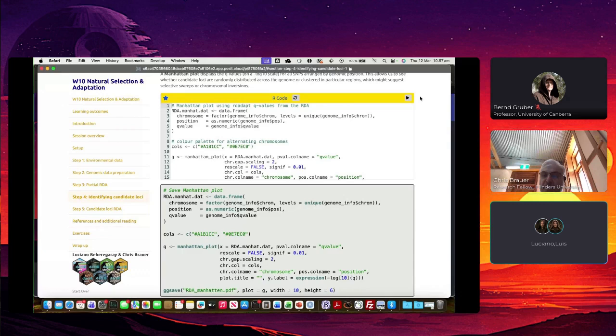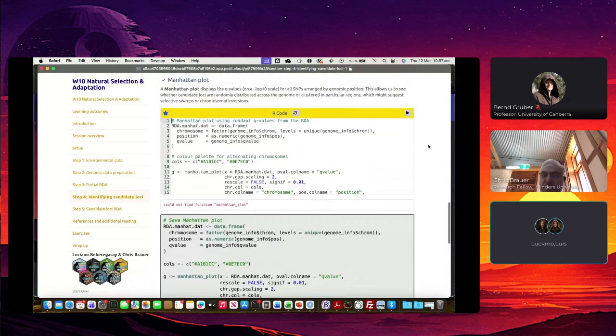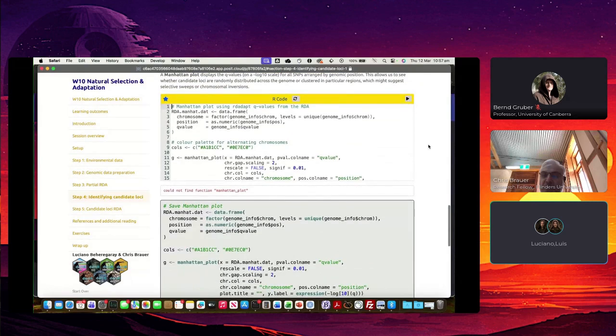Yep, I think the Manhattan plot one doesn't run now either. What happened? Oh, is it timing out maybe? Yeah, but I'm in the tutorial session though.